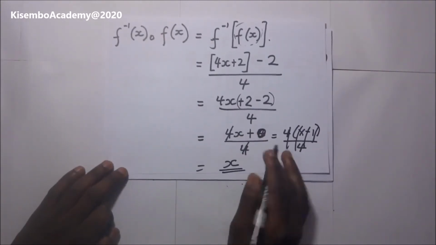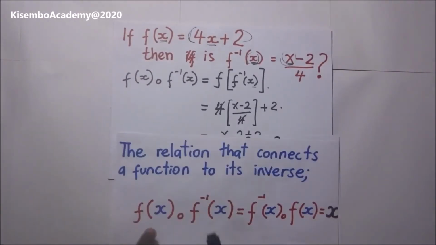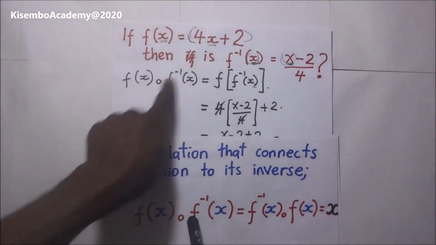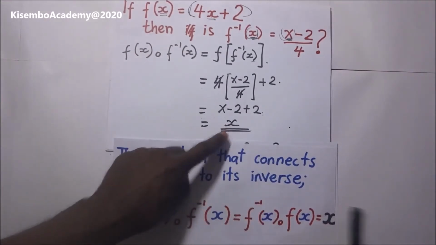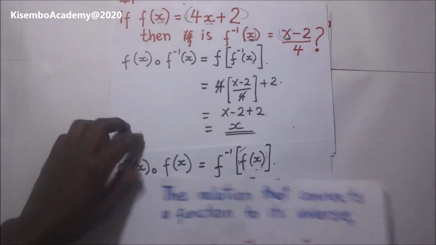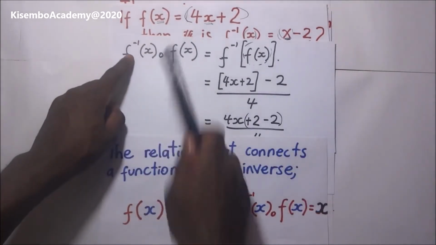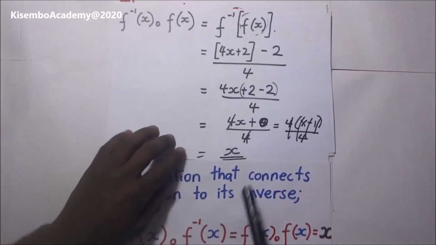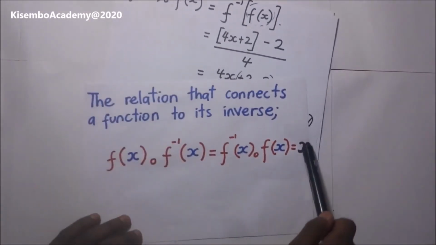So from here you notice one thing. When we make this a composite function of that in this expression as exhibited here, we ended up with our final answer being x. Likewise, when we did the second step here, you found that our final answer was x, which is still satisfying this.